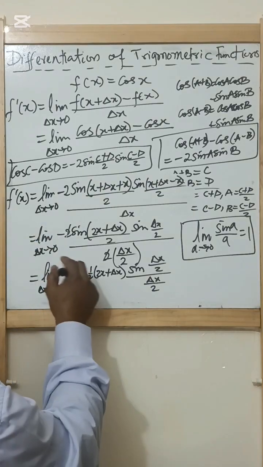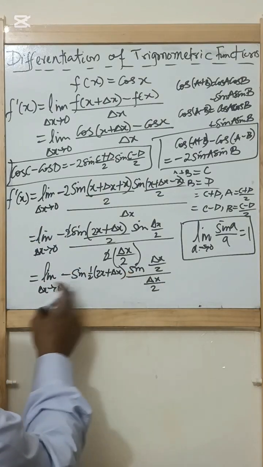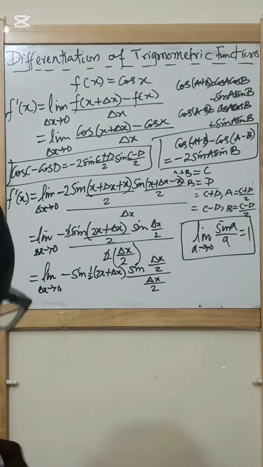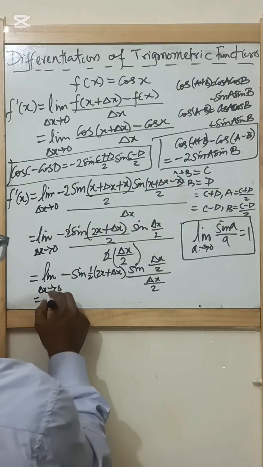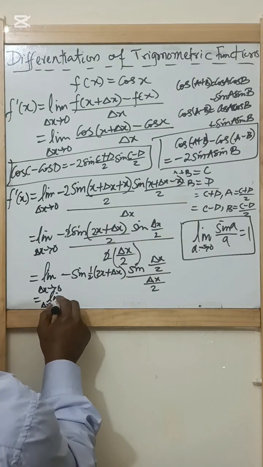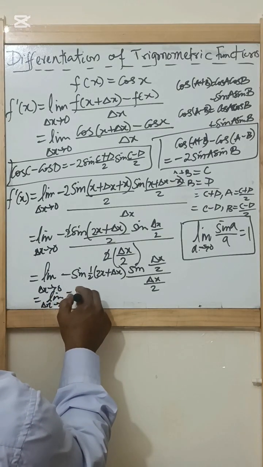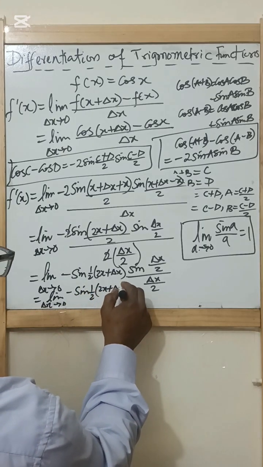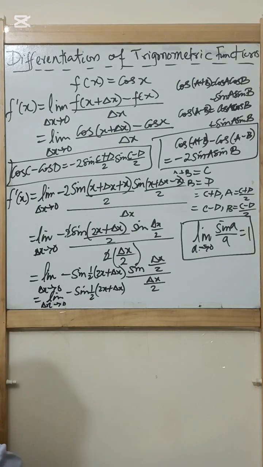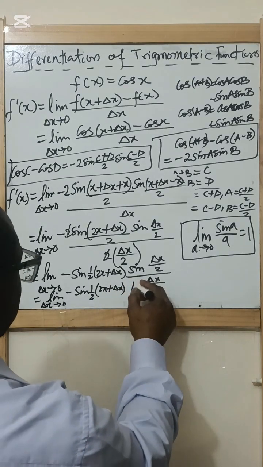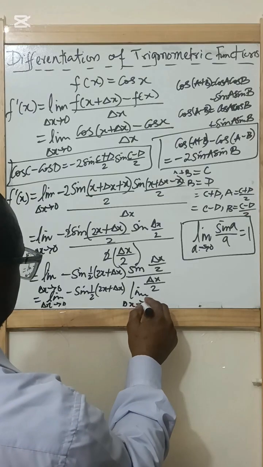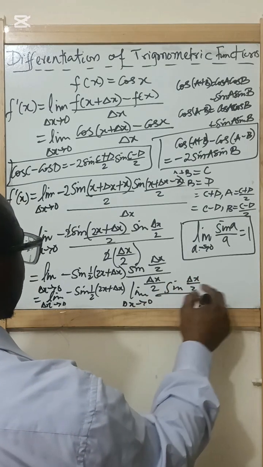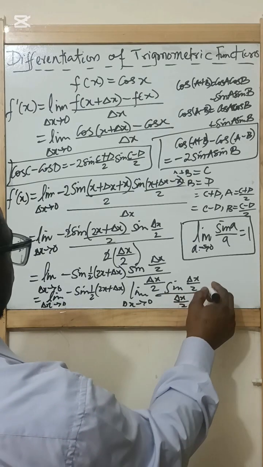The limit can be applied to each of these components separately, right? You can do that. So that will be the limit as delta x tends to 0 of minus sine of one half of (2x plus delta x). So we apply the limit on this one. We also apply the limit on this one, of sine of delta x over 2 over delta x over 2.